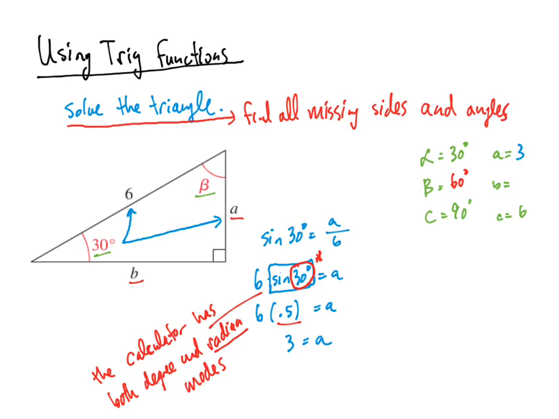Okay, so we did sine of 30 and we said A over 6, and we solved for A. We could have chosen a different trig function to figure this out. So this time, why don't we start with angle beta?